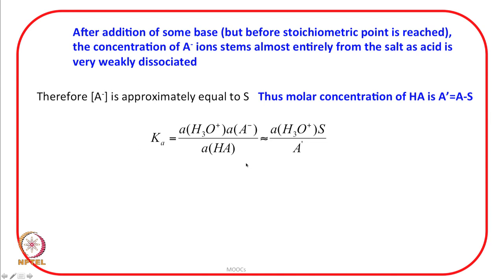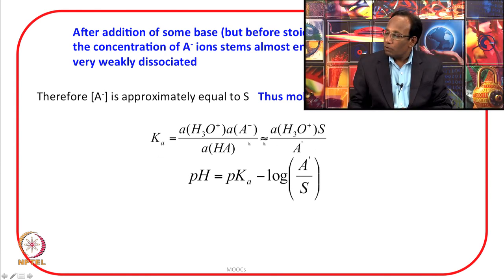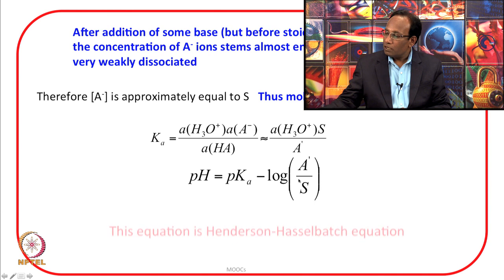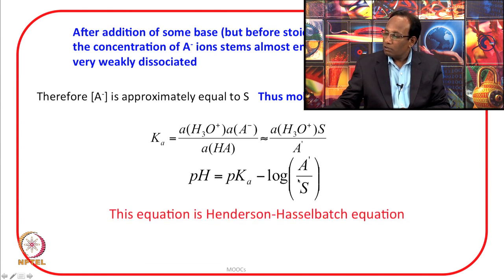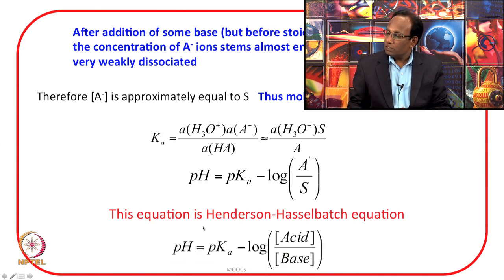Now when you convert this into pH or pKa terms, you take a logarithm on both sides and write pKa as minus log Ka and pH as minus log activity of hydronium ions, you will get this expression: pH is equal to pKa minus log A prime by S. A very important equation, this is called the Henderson-Hasselbalch equation, which in other terms is written as pH is equal to pKa minus log concentration of acid divided by concentration of base.